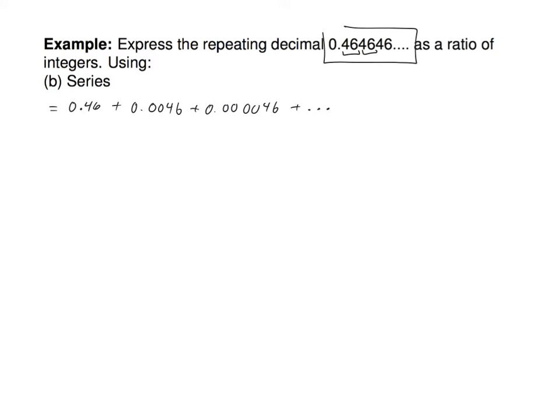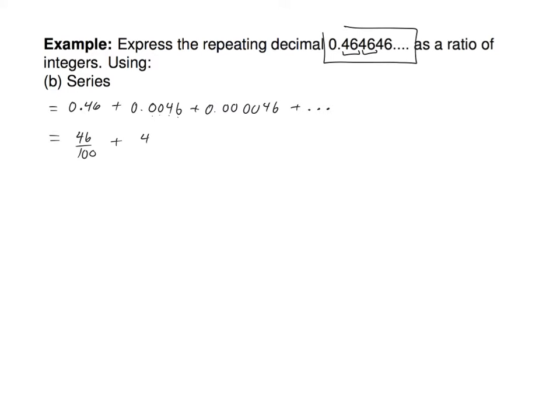And then you make those into fractions using properties of placeholders. The first placeholder is the tenths, the second placeholder is the hundredths, right? So 0.46 is 46 out of 100 as a fraction. We have tens, hundreds, thousands, 10,000s, right?